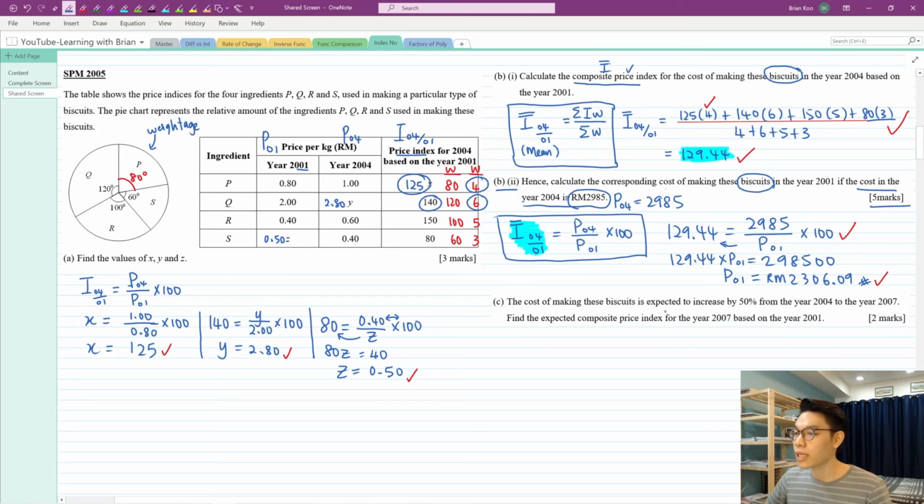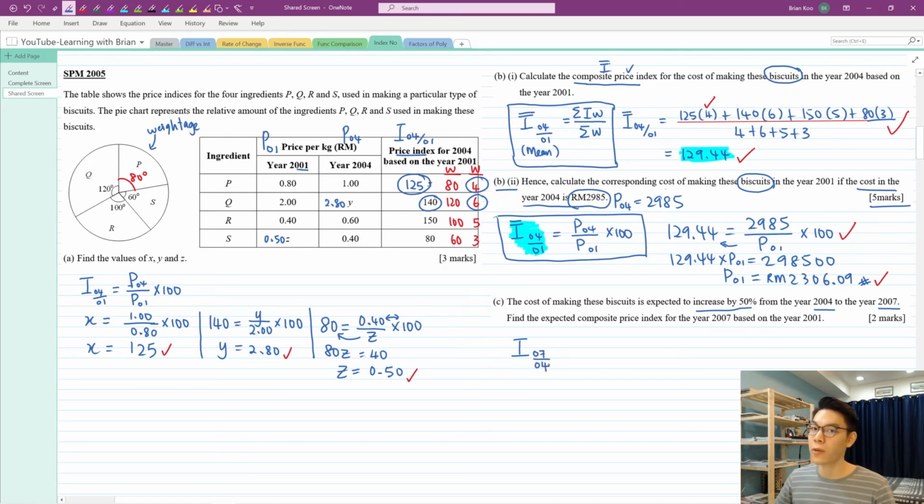The cost of making these biscuits is expected to increase by 50% from 2004 to 2007. So remember, if they say increase 50%, decrease 50%, all this thing, they are just trying to tell you some information about the I. And this one is talking about year 2007 based on year 2004.